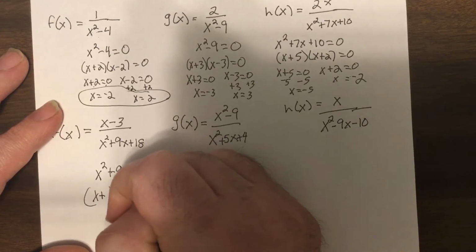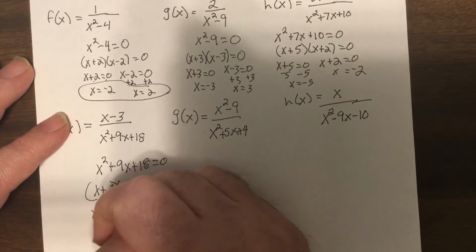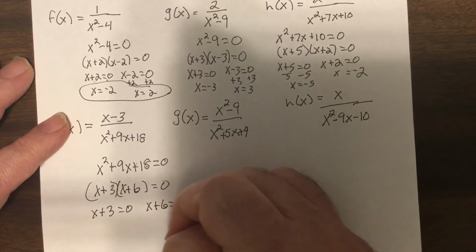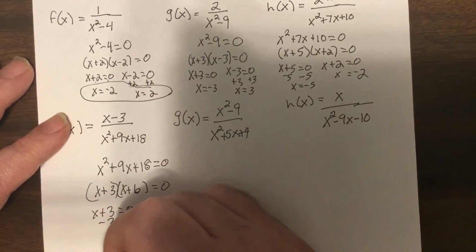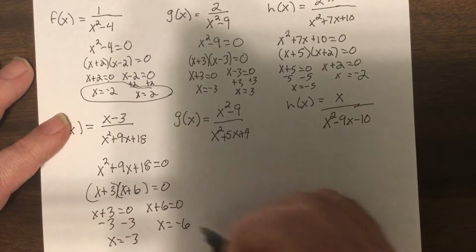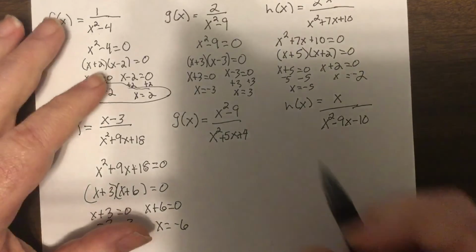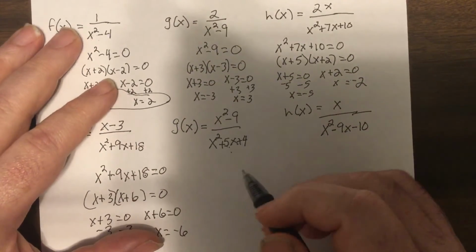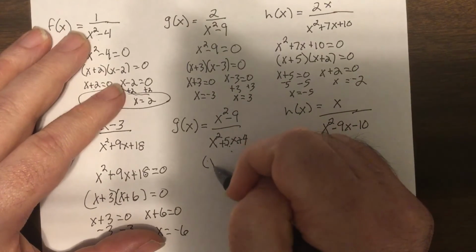So that would be 6 and 3. So x plus 3 equals 0. X plus 6 equals 0. Subtract 3, x equals negative 3. X equals negative 6. Again, all that matters is when is the denominator equal to 0. That's what I'm saying. I'm not trying to be a hero.